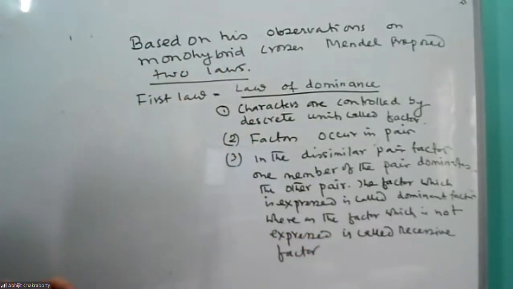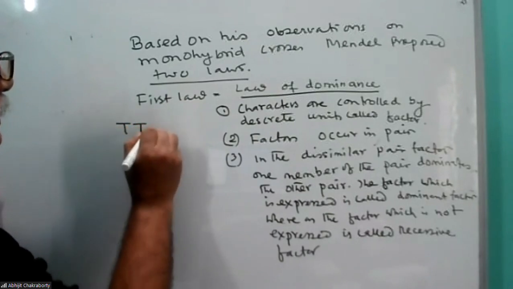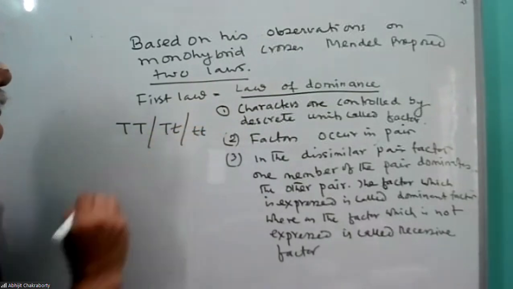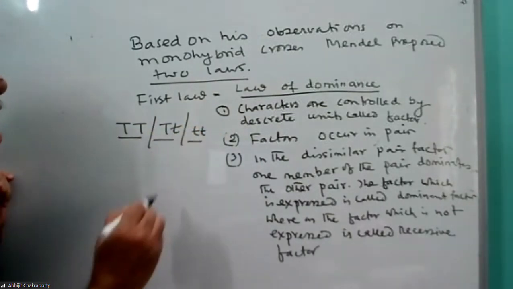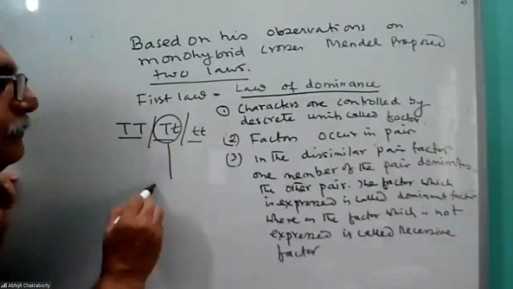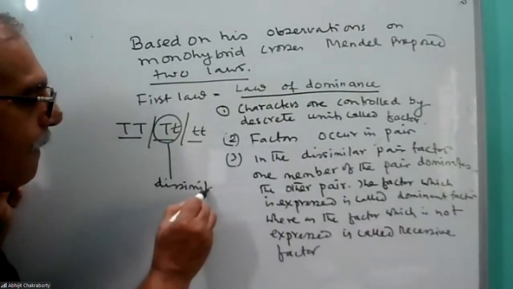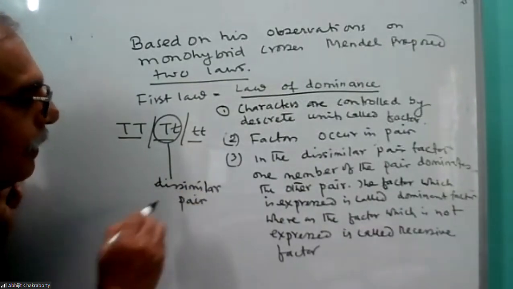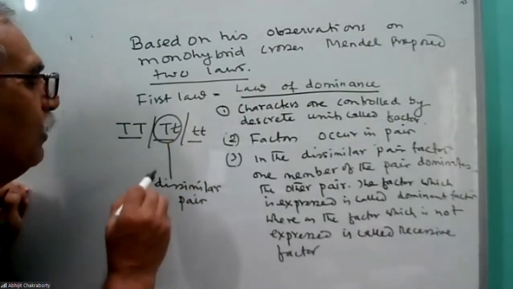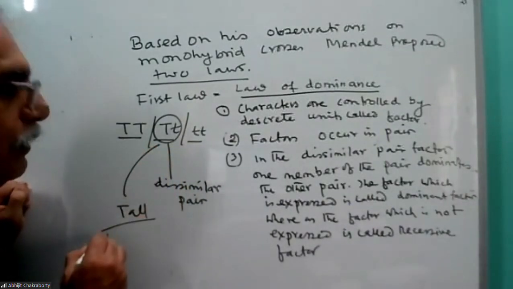What is written? Characters are controlled by discrete units called factors. Factors occur in pairs. It may be like this, it may be like this. So here everywhere in pairs. And in the dissimilar pair, one factor dominates the other. That's so because whenever it is dissimilar, the plant is found to be tall.